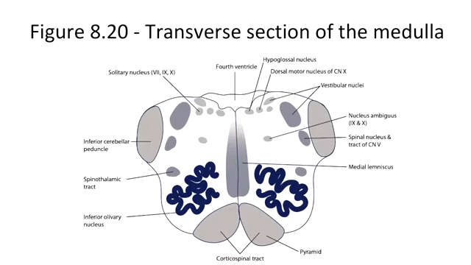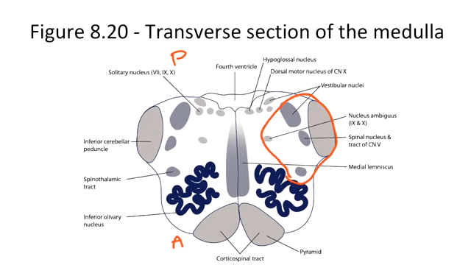From figure 8.20, which shows a transverse section of the medulla, we can more clearly identify the structures that would be damaged in lateral medullary syndrome. Again, this is anterior and this is posterior. And the PICA supplies blood to the lateral medulla, or approximately this region here.